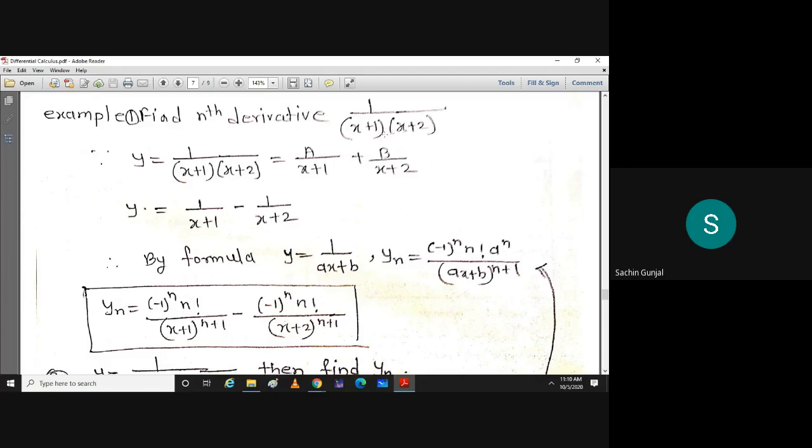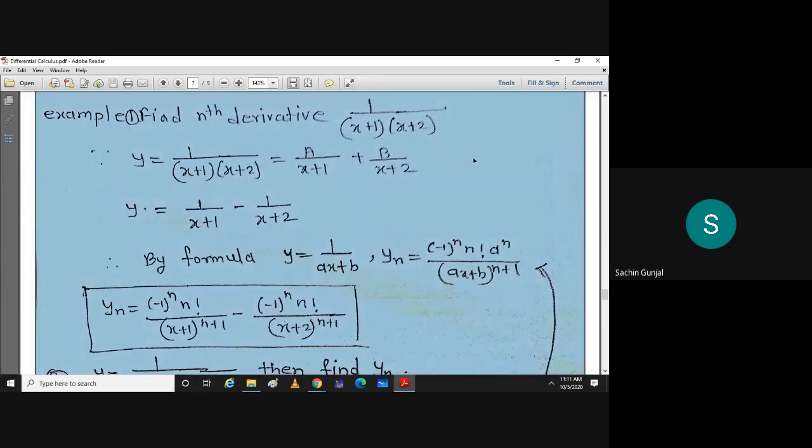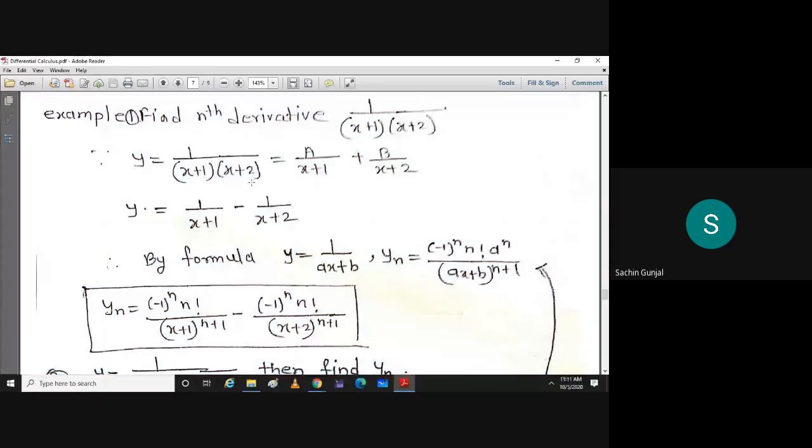So you need to split it. The tool is partial fractions. So 1 upon (x plus 1)(x plus 2) you can write as A upon x plus 1 plus B upon x plus 2. If you find these coefficients A and B, does everybody know how to find them?